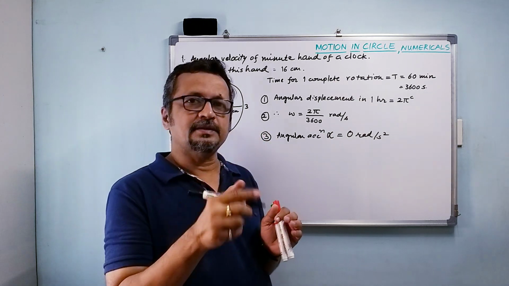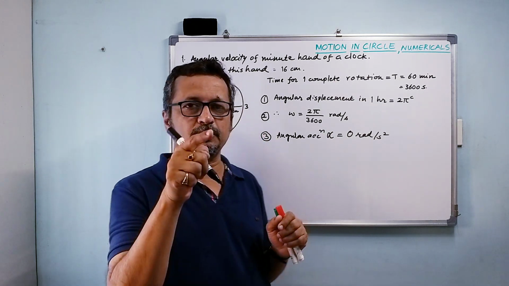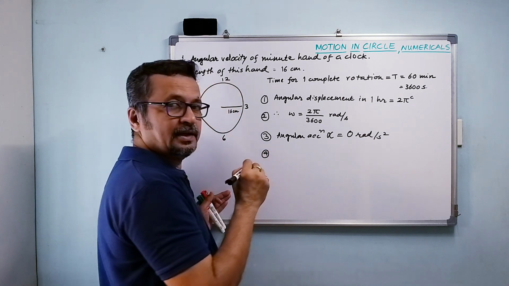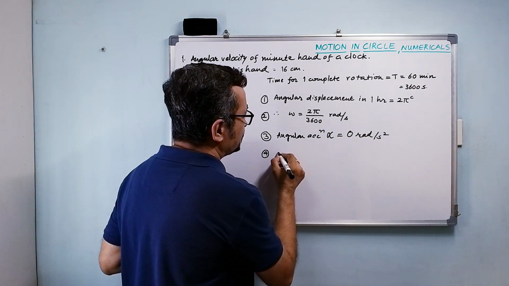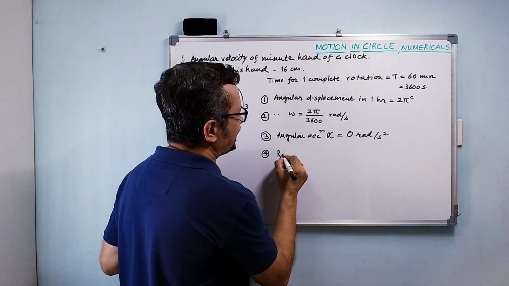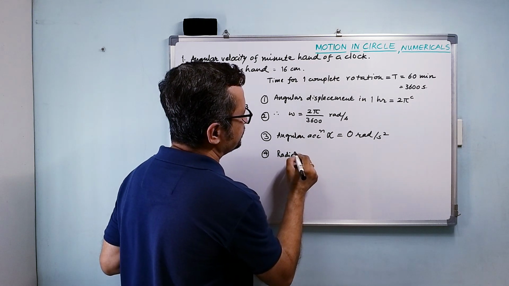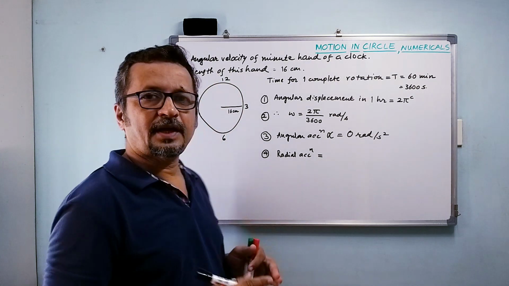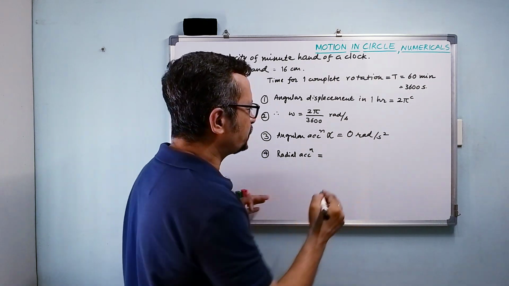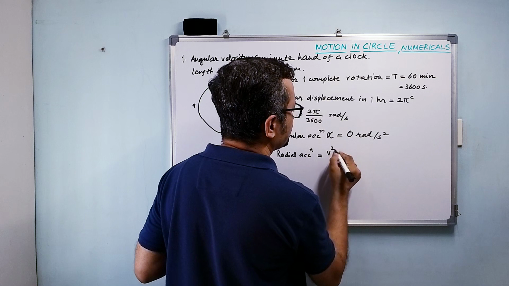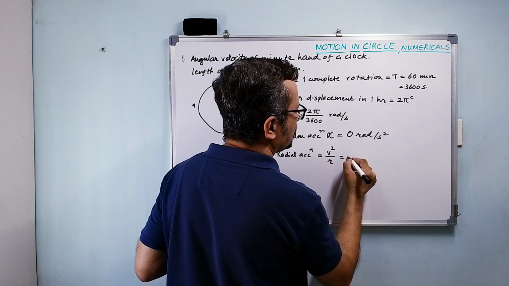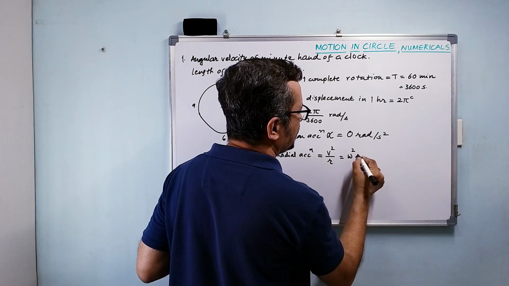This minute hand is performing uniform circular motion, so there is going to be some centripetal acceleration. So my radial or centripetal acceleration would be equal to v square upon r, or omega square r.